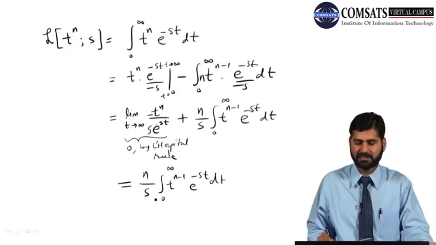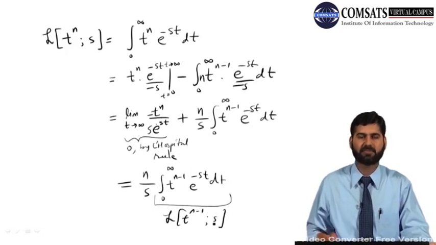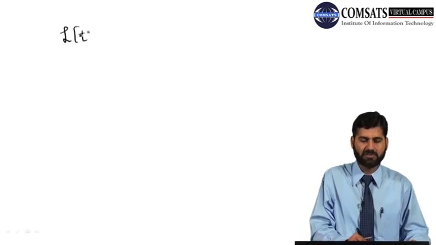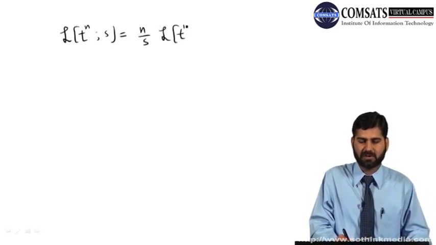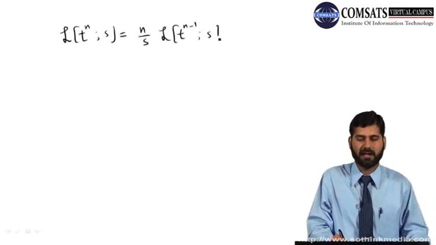Now if you look at this integration, this is the Laplace transform of t^(n-1) at s, right? So what we have proved here is that if we want to take the Laplace transform of t^n, this will give you n over s times the Laplace transform of t^(n-1).